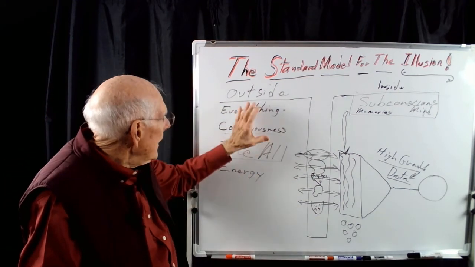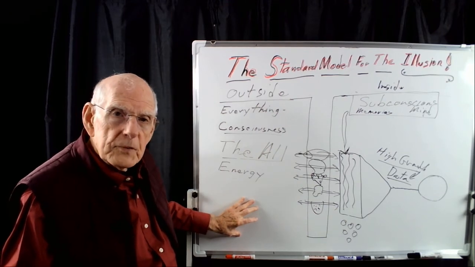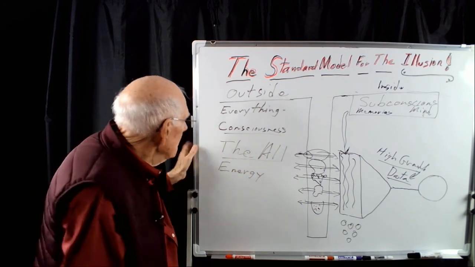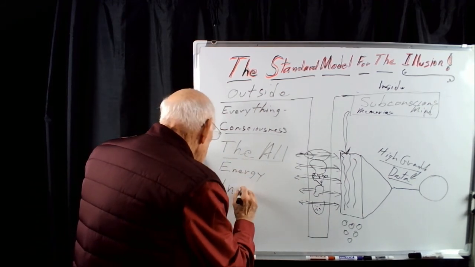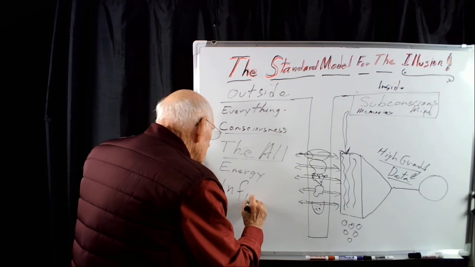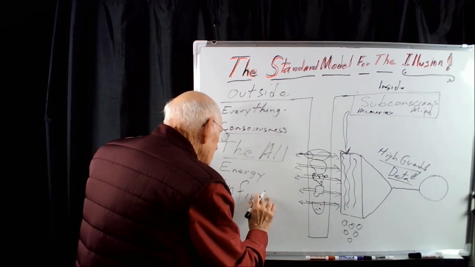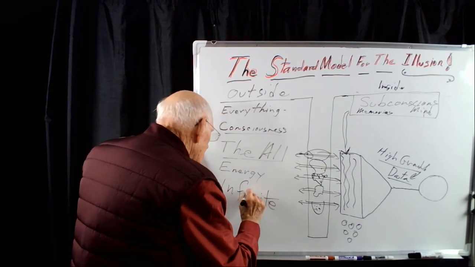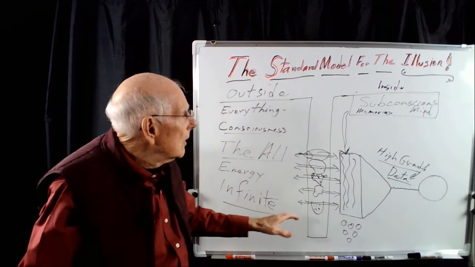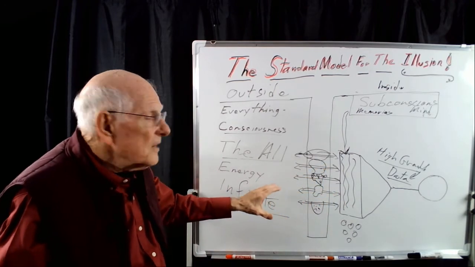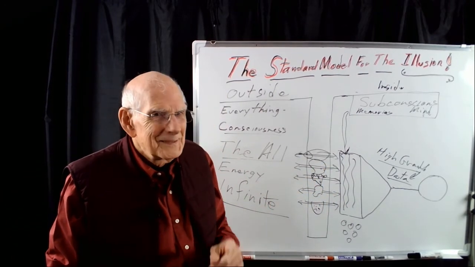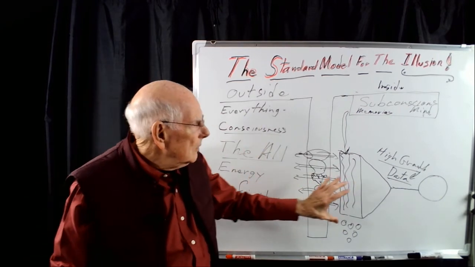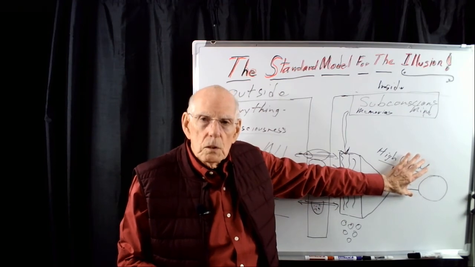So now, out here, energy, everything, consciousness, the all. So it is infinite. Make believe that's infinite. If it's infinite, here's part of the illusion, part of the standard model. This part permeates this part.